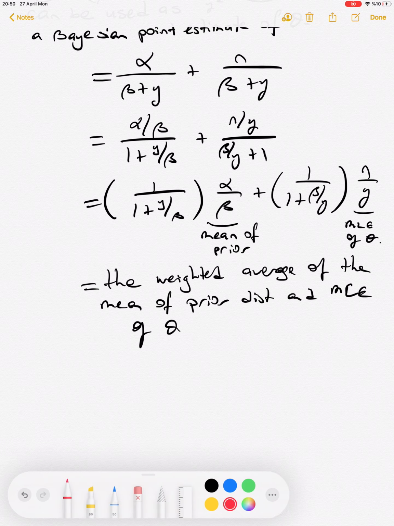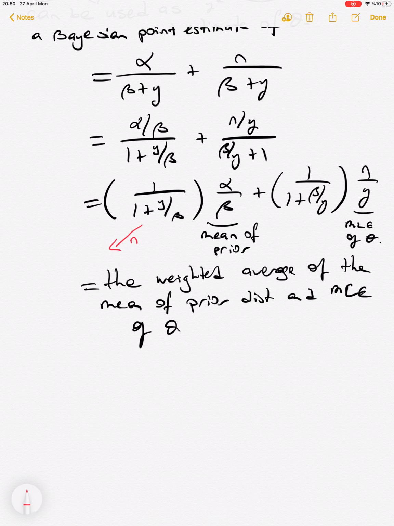So if you focus on the parts, when the sample size n goes to infinity, we expect that this part goes to 0, and this part goes to 1.